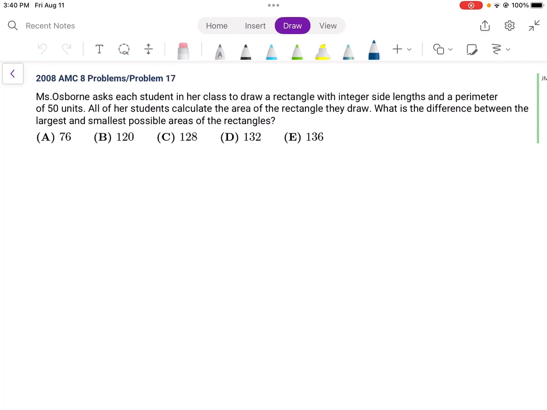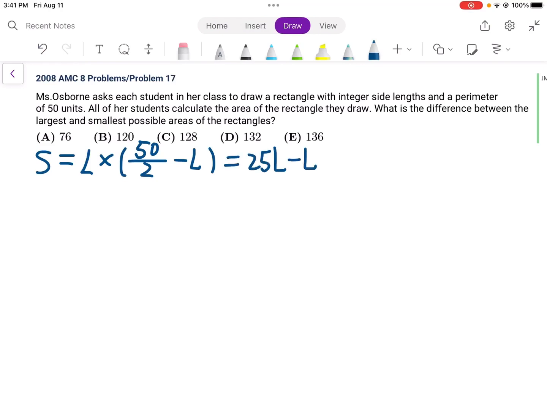Problem 17. Let's assume the length of the rectangle is L, and its area can be represented by S equals L multiplied by its width, which is its perimeter 50, divided by 2 and subtract L. This equals 25L subtract L squared.